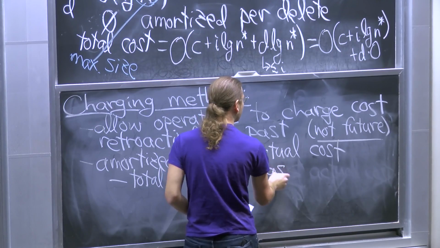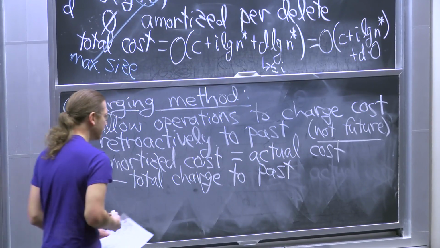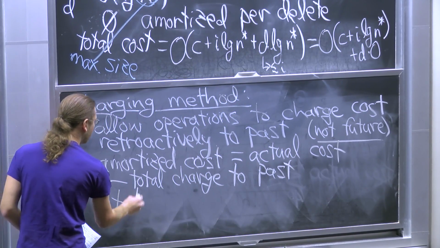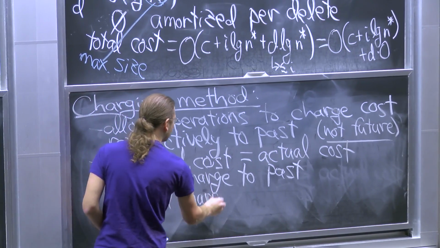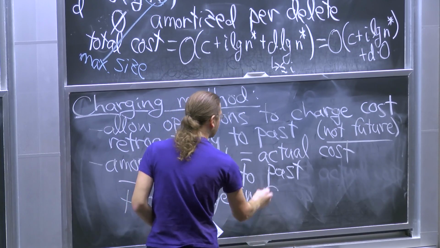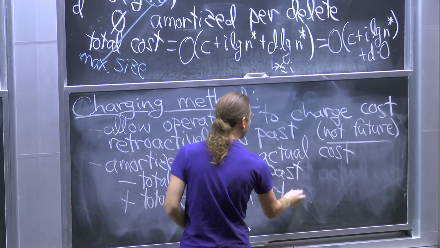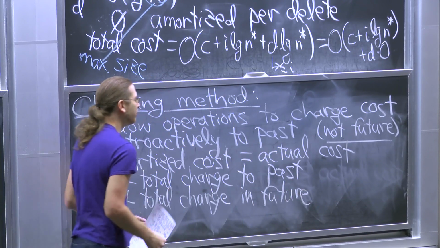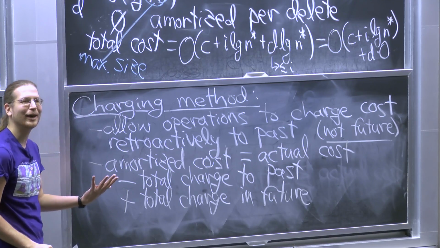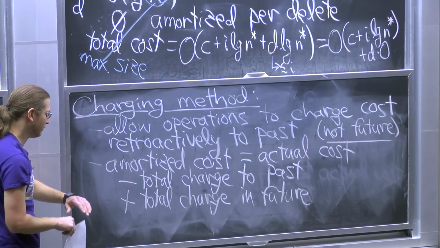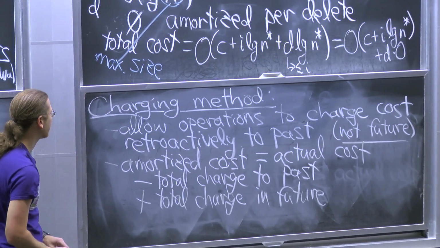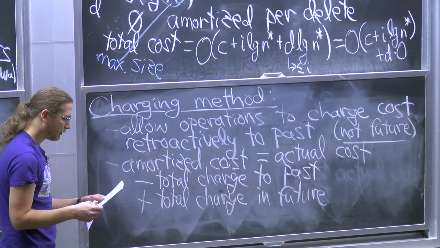So when we charge to the past, we get free dollars in the present, but we have to pay for whatever the future is going to do. So we have to imagine how many times could I get charged in the future. I'm going to have to pay for that now in a consistent timeline. You will have to have paid for things that come in the future. All right? So let's do an example.